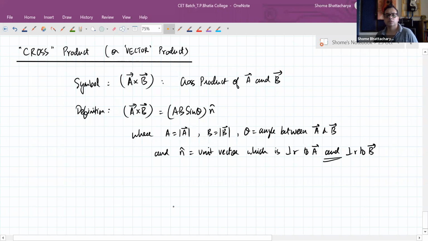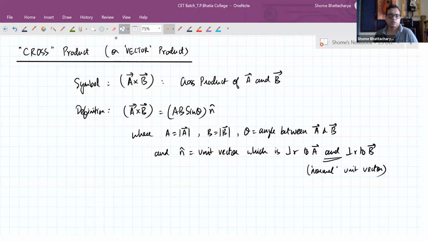That is why it is called the normal unit vector, or perpendicular unit vector. So just make a note of this definition first, then we'll discuss more about it.